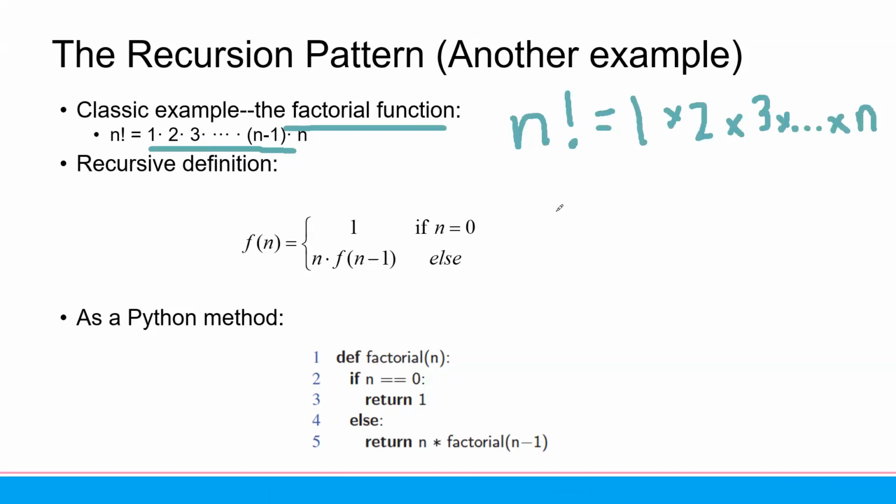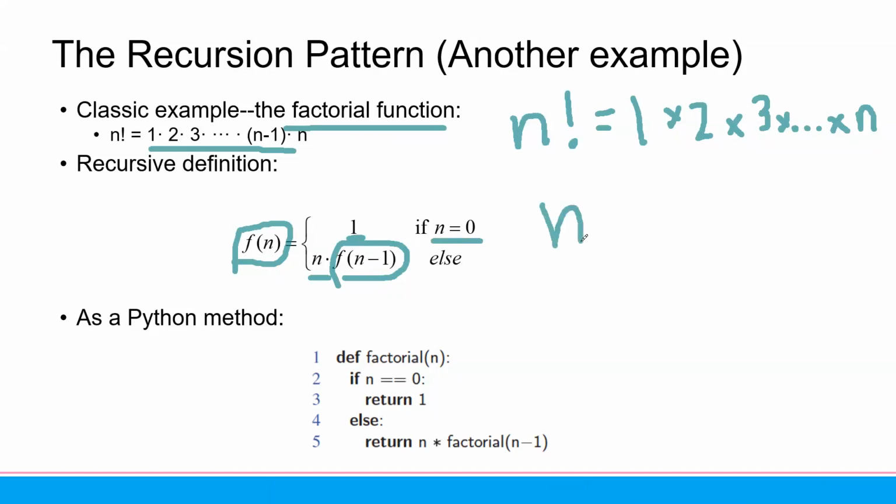You can use recursion. Let's say I have f(n), then the recursion will be n multiplied by f(n - 1). It will be 1 when n equals 0. Okay.